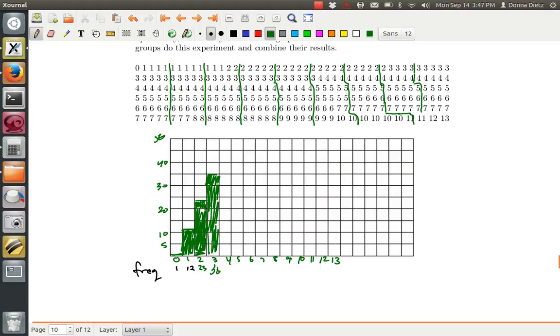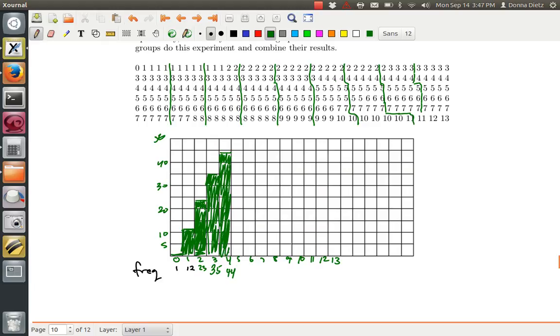What about how many 4s? I have a count from this side: 5, 10, 15, 20, 25, 30, 35, 40, 44. So there's 44 4s. And that would be about there. Whoops. Don't you wish you had an electronic eraser? It's so cool.